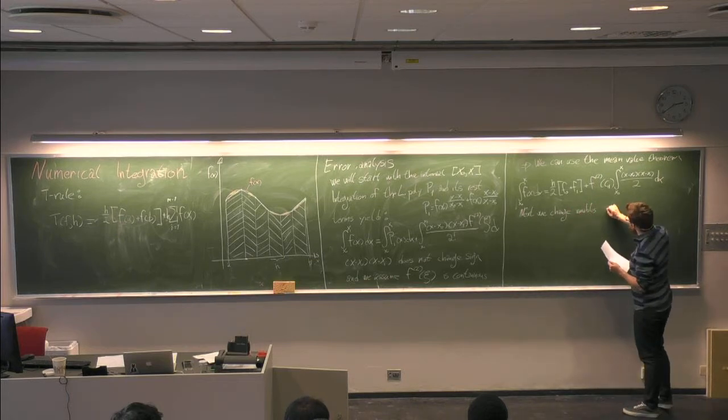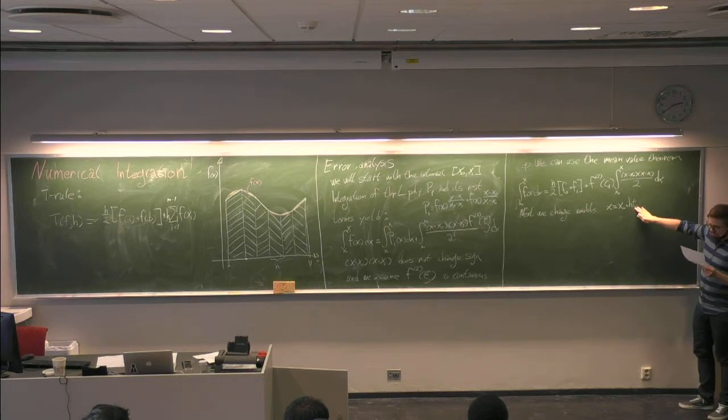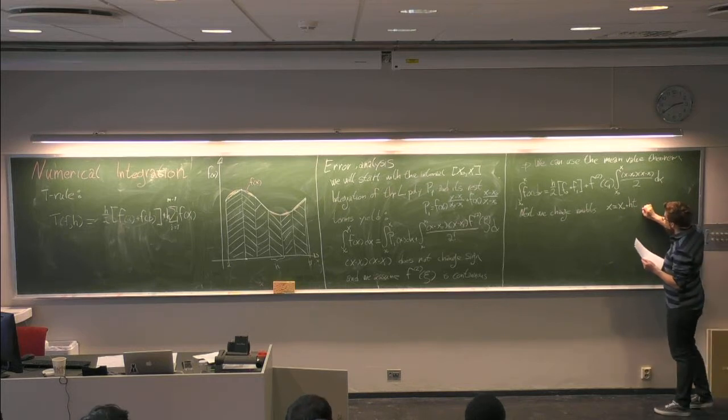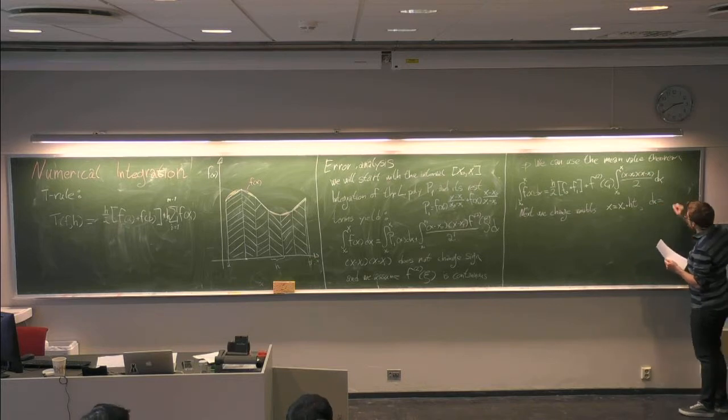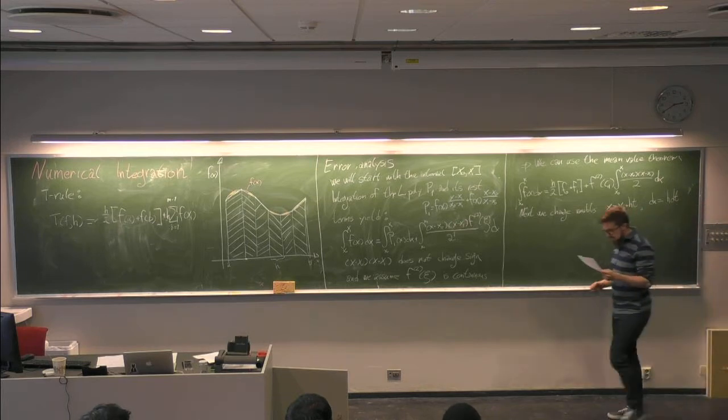So basically you're going to say that x equals x0 plus ht. So this is a perfectly valid transformation. And again, it means that dx is going to be h dt. So implicit differentiation.